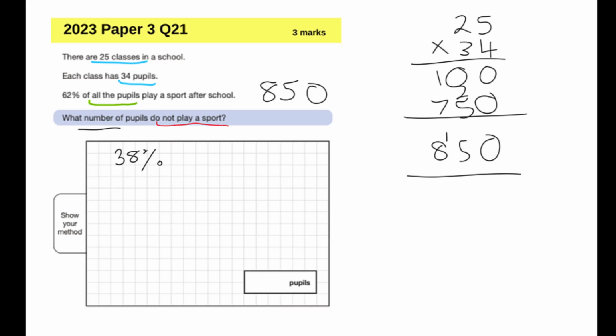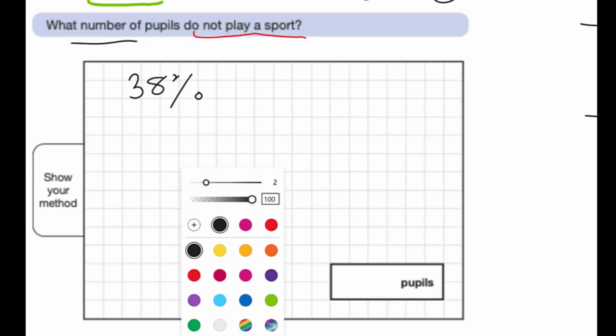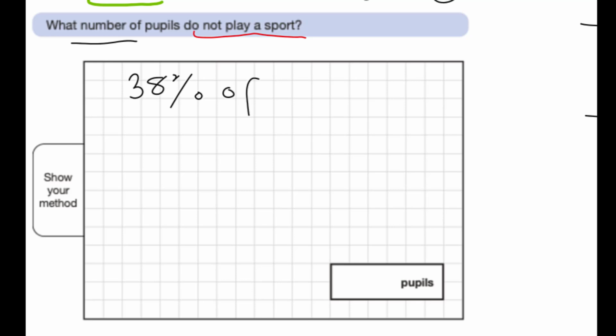So we could just find 38% of 850. So it's going to zoom in so that I can write a bit clearer. So 38% of 850.